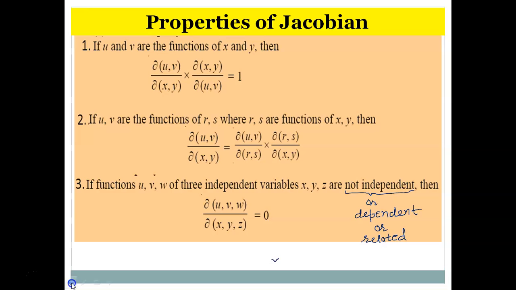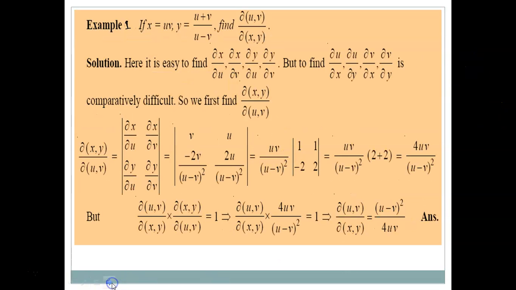Now for these properties we see the examples corresponding to all of these properties. So for property 1 we have example 1 here. Yeah, this is example 1.